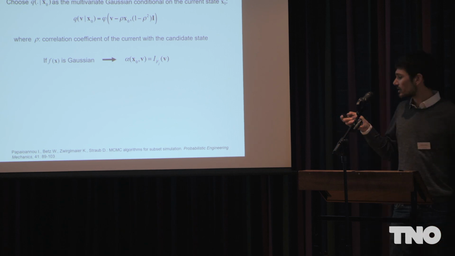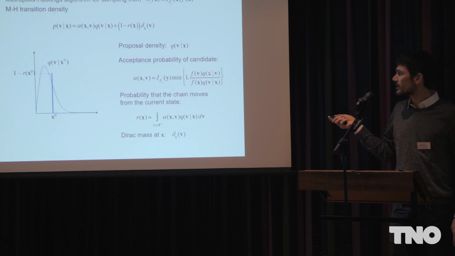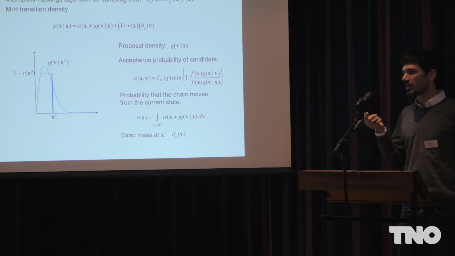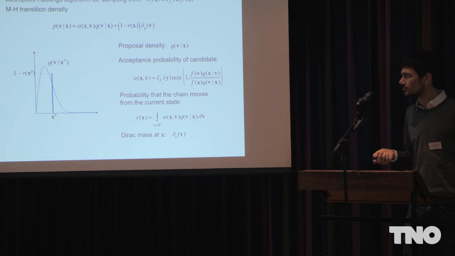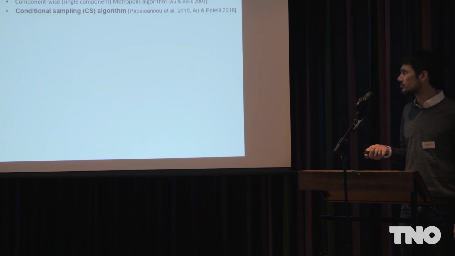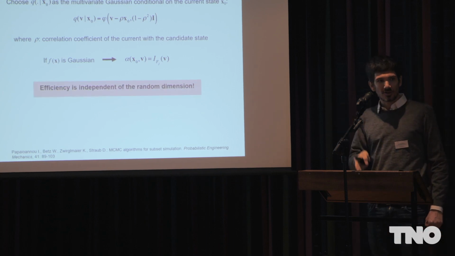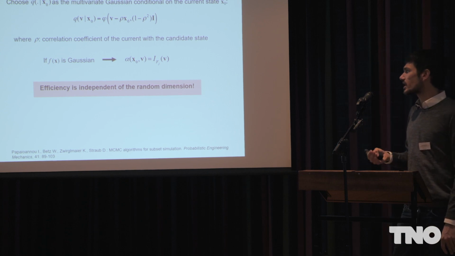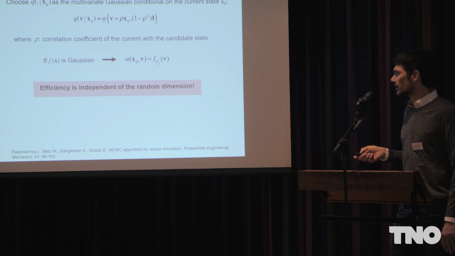What does this mean? This whole thing here vanishes, and we only end up with the indicator function. So if we sample from this proposal, we will accept all samples that fall in the failure domain and reject the rest. Okay? This means that because this ratio of densities disappeared, the efficiency of this algorithm is actually independent of the dimension of the problem.